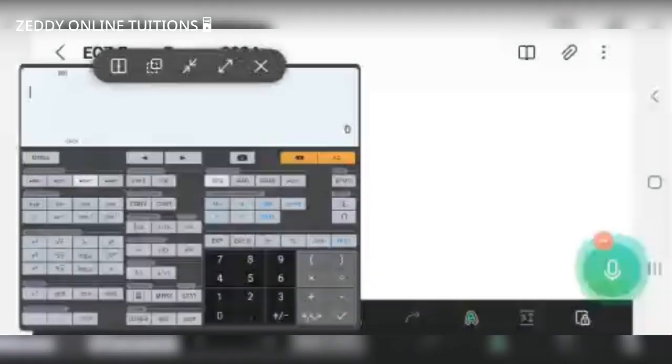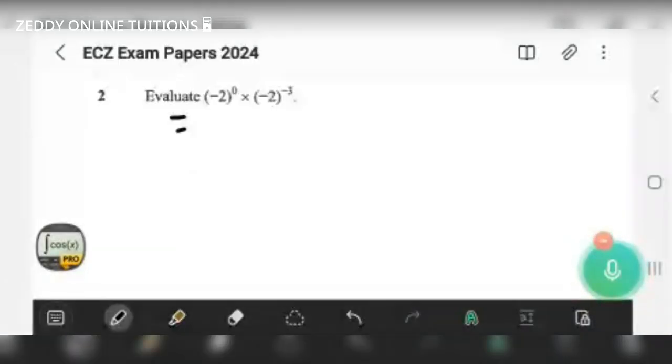That's for you to go and find out. You should go and find out. So we've got 1 here, which is multiplying by this side where we've got negative 2.